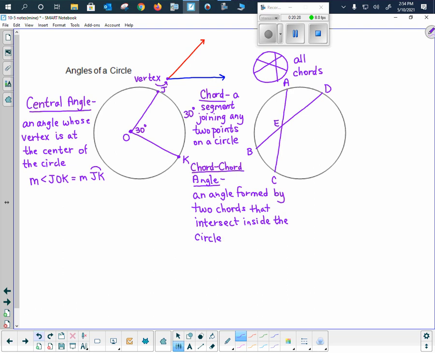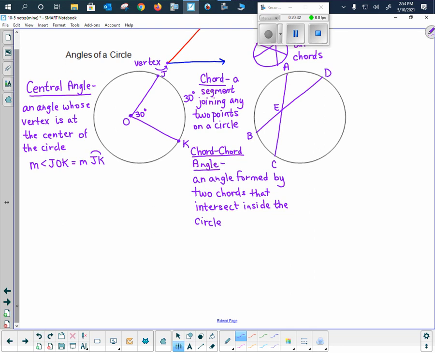Okay. So let's go ahead and put down our equation here, guys. This is what it's going to say: the measure of angle, and we could have picked any of the angles, but this one I'm going to write, the measure of angle DEC equals the measure of arc BC plus the measure of arc AB all over 2.